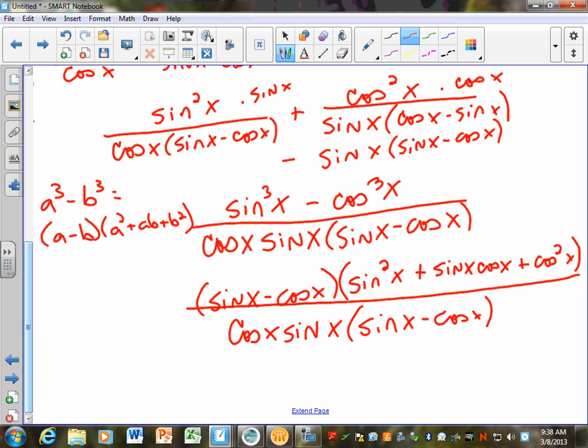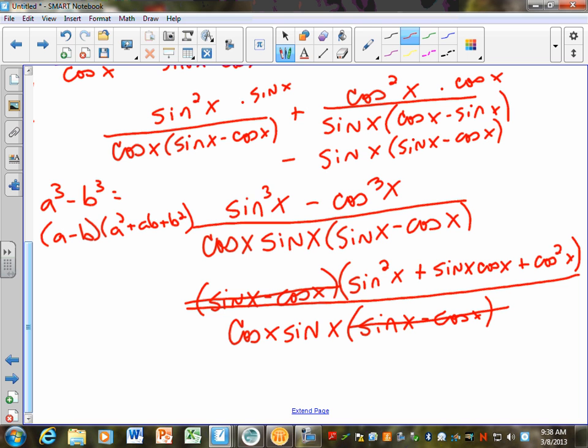We're really getting close now. What can I do now? I have a sine of x minus cosine of x and a sine of x minus cosine of x, so I can cancel that out. And look at what's left on top. Maybe we'll even do this all in one step here. Save ourselves a little bit of paper.